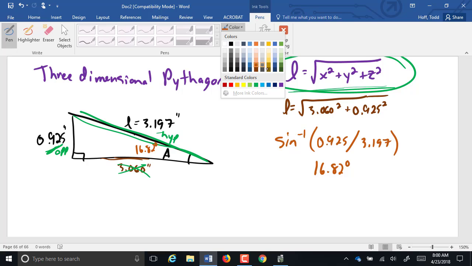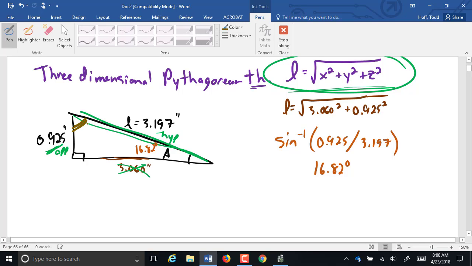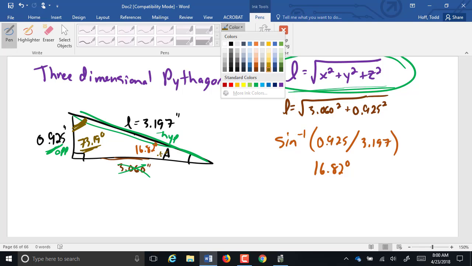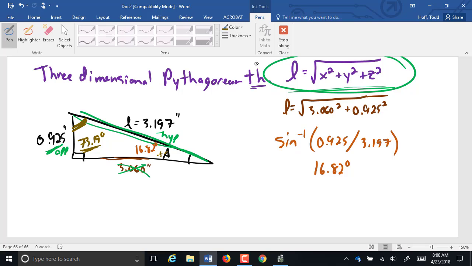What if I did want to know this angle up here? What if I wanted to know that one and not this one? Could I have found that one first? Yeah, instead of sine, it would have been cosine, because this would have been the adjacent side instead of the opposite side.